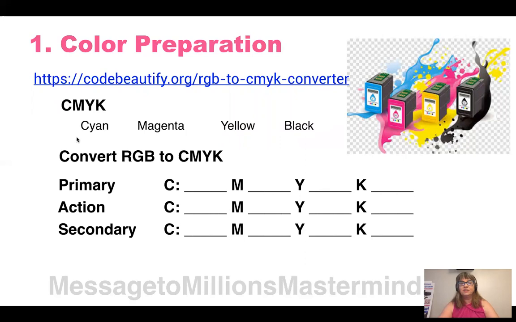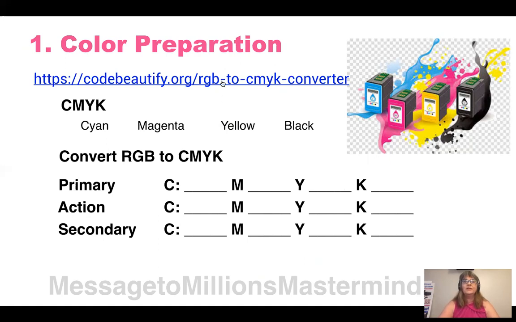It stands for cyan, magenta, yellow, and black. If you ever look at your printer, you will notice that those are generally the 4 cartridges you have. So now you need to take the code that you originally calculated for, let's say, your blue, your green, and your pink, and break it down.